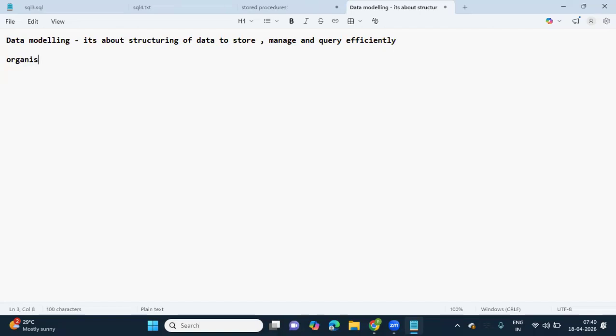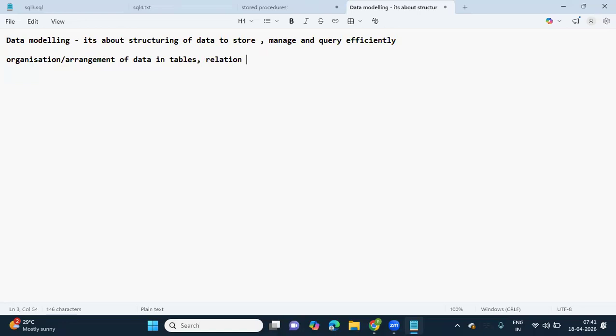Organization means arrangement of the data, like which table contains what kind of data, the arrangement of data in tables, and their relationships. If you take the employee and department tables, what is the relationship between them? We are joining on the department ID.